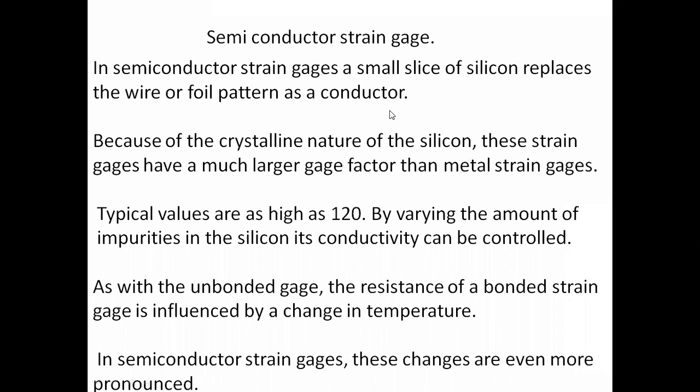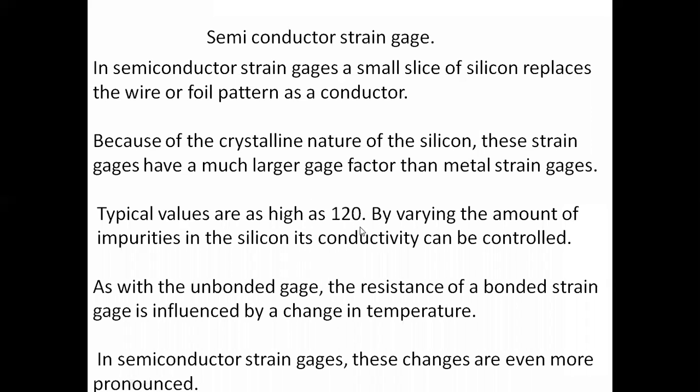So it will act as a conductor. The same as we have seen in the bonded strain gauge, we will replace that coil or conductor with a slice of silicon material. So when the strain is applied on this structure, that strain is applied to the silicon material. Due to that, the conductance of the silicon material will change.